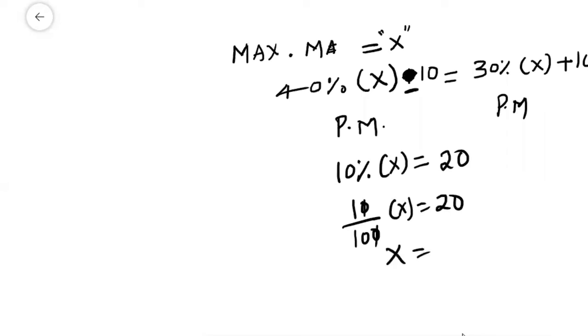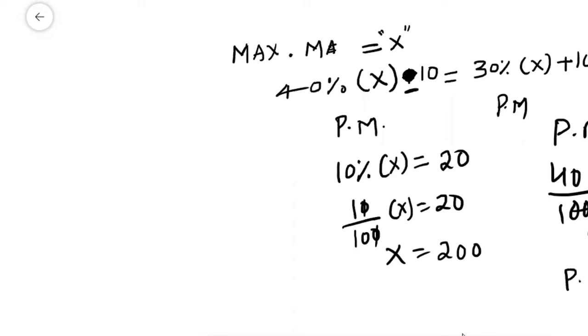From this you can write x is equal to 200. What is x here? Maximum marks. So if I want the pass mark, substitute here 40 by 100 of 200 minus 10.